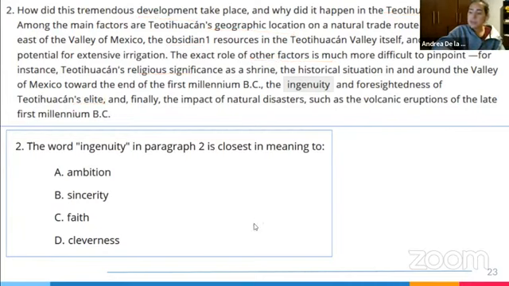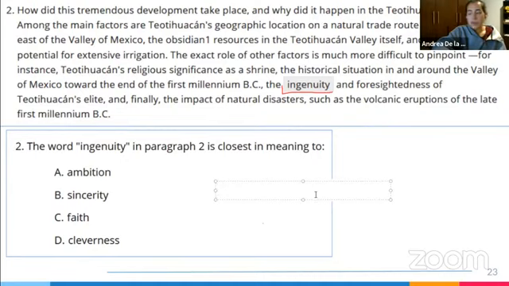So that should give you an idea of what it means, right? It has to be, first of all, something positive. It cannot be something negative. It won't be something like, let's say something negative, the ignorance of the Teotihuacan's elite, right?